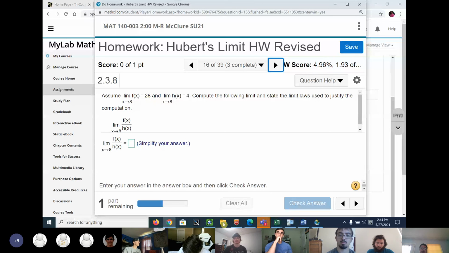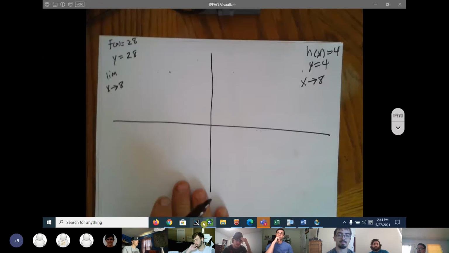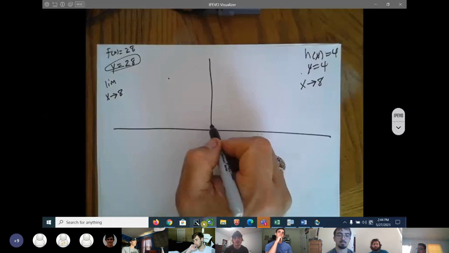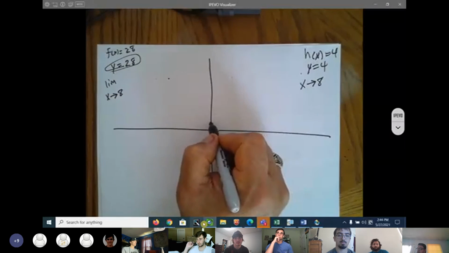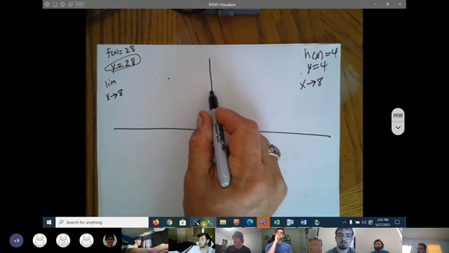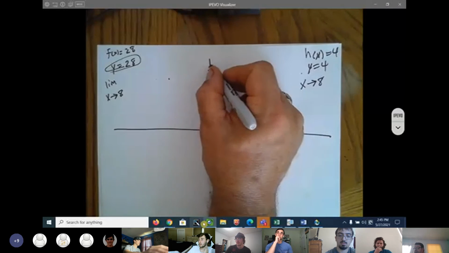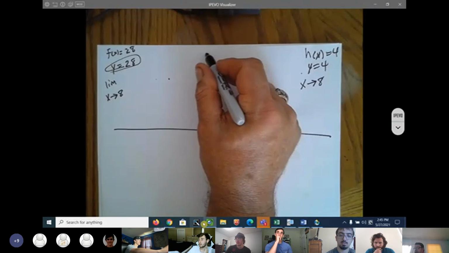All right, here is the graph, or here is my picture. So where is y equal to 28? Well, 1, 2, 3, 4, 5, 6, 7, 8, 9, 10, 11, 12, 13, 14, 15, 16, 17, 18, 19, 20, 28.